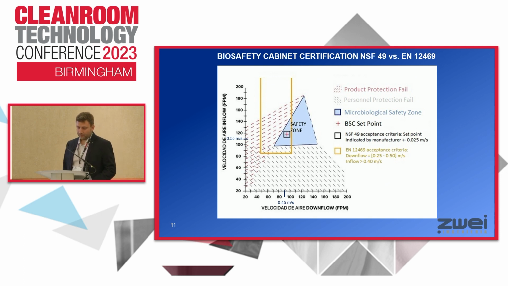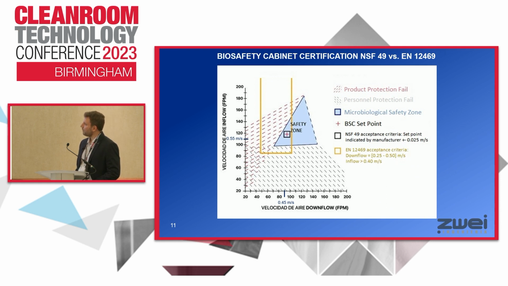As we can see, our samples and users are likely to be contaminated, having the cabinet verified under the EN standard. Remember, if we have too much inflow, our product fails.